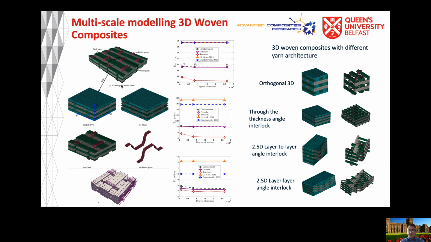So finally, we can even simulate all these different yarn architectures. So for example, this is what we call a 3D orthogonal, this is 3D interlock, and this is through the thickness angle interlock. And this is 2.5D layer to layer angle interlock and 2.5D layer angle interlock.